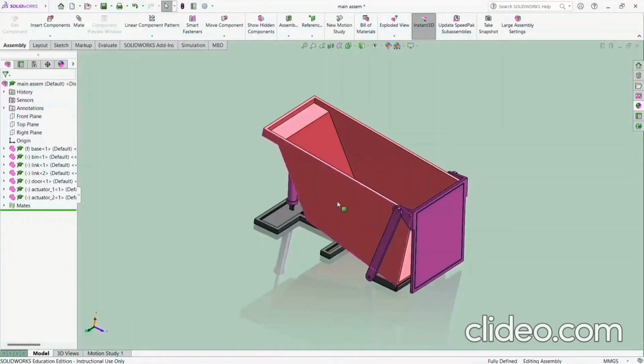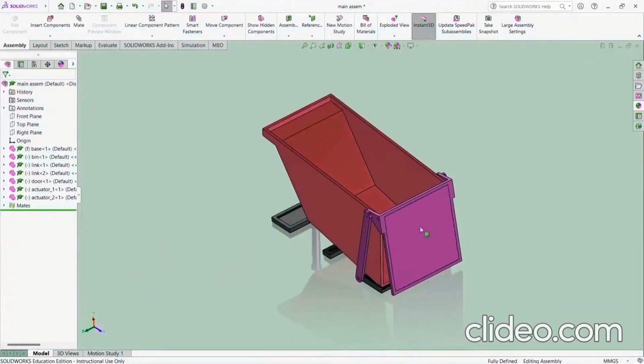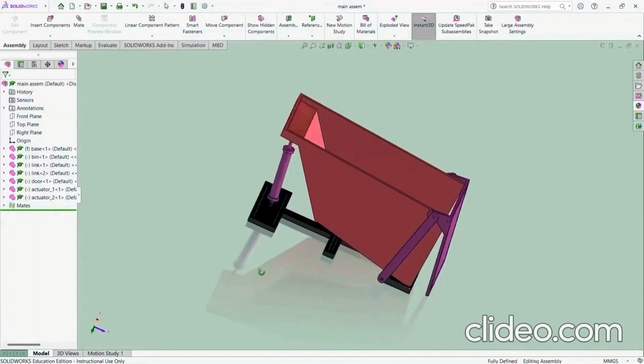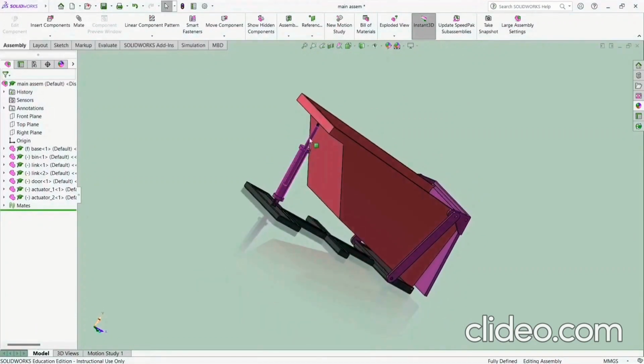Thank you, Aayush. Now I, Aditya Kumar, will tell you about the model we designed. This is the door and this is the bin, and these are two links that are connected to the door and base. And this is an actuator that you can see.